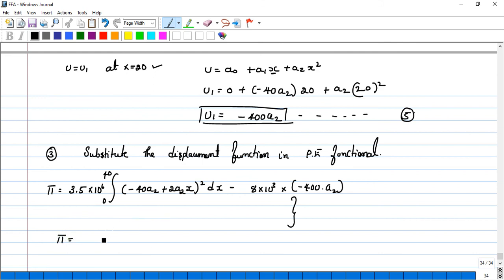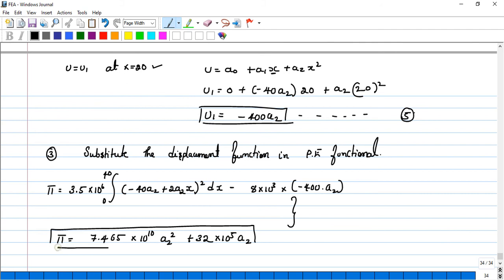I will be getting the simplified function as 7.465 into 10 raised to 10 a2 square plus 32 into 10 raised to 5 a2. I will be getting this potential energy functional after simplifying this equation. Let me consider this as equation 6. So the third step is done.